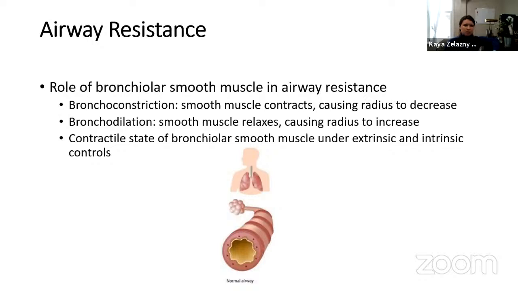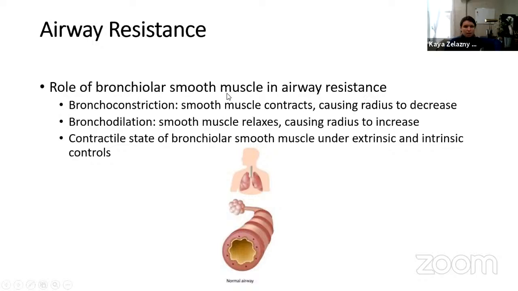So when we have bronchoconstriction, just like vasoconstriction, we're going to see the smooth muscle contract, which means the radius decreases, which means that our resistance increases. Bronchodilation, smooth muscle relaxes, radius increases, resistance decreases. So the same sort of physical relationship between the radius and the resistance exists in the bronchioles just like it did in the vasculature.